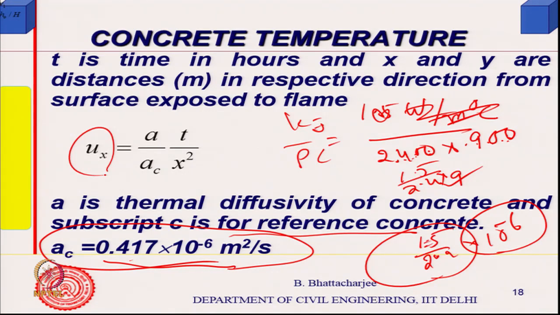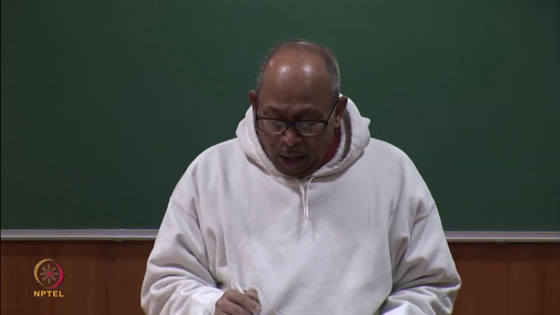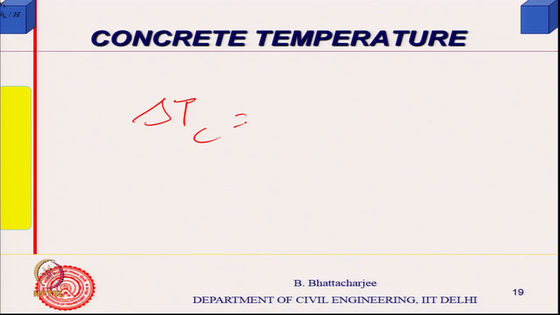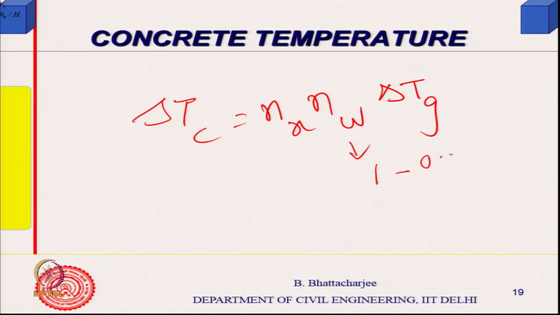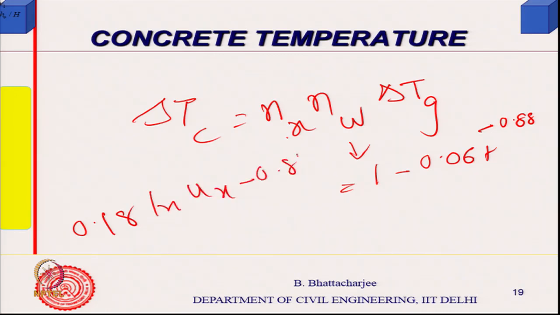Then you can find out delta Tc. Delta Tc is equal to Nx into Nw into delta Tg. Nw is 1 minus 0.06 t to the power minus 0.88 or something, right, and Nx was 0.18 ln ux minus 0.81, and ux is simply A, the thermal diffusivity of your concrete, divided by 0.417 into the time at which you want to calculate, and into the distance square.